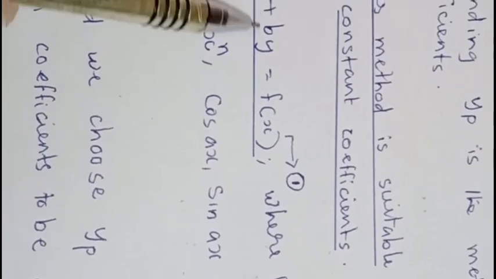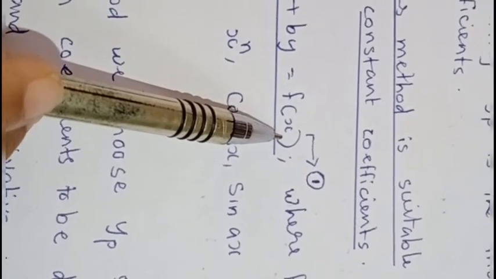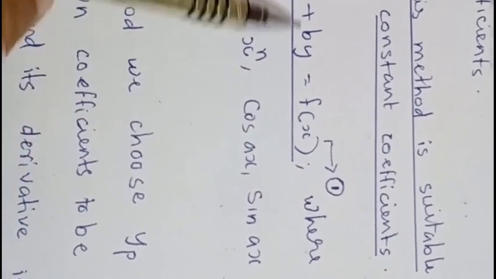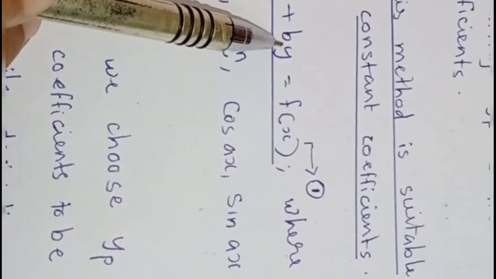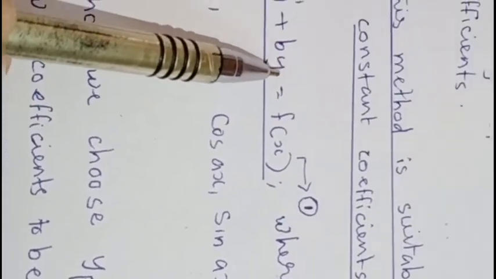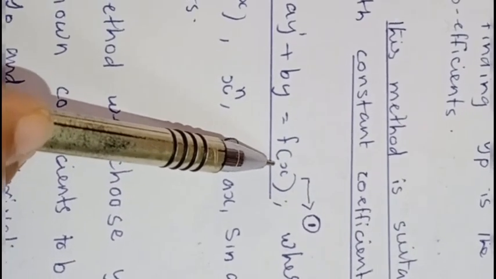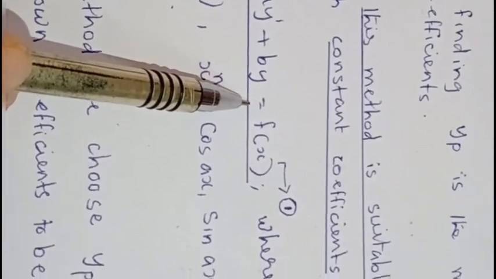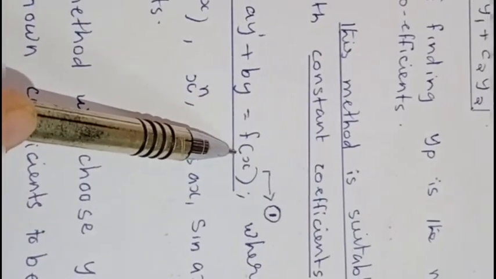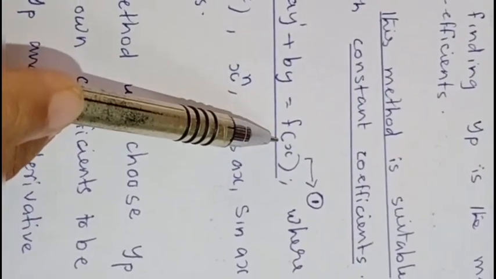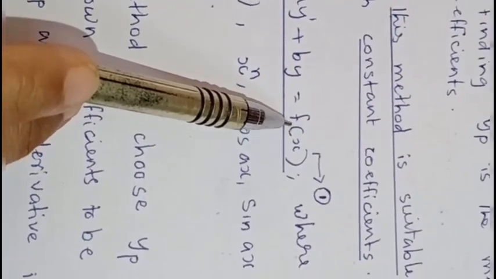So this is a non-homogeneous ordinary differential equation with constant coefficients, and I am discussing how to find yp of this differential equation by the method of undetermined coefficients. This method is applicable when f(x) is in a particular form.